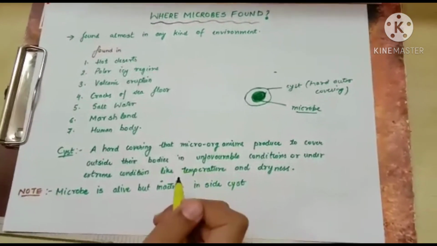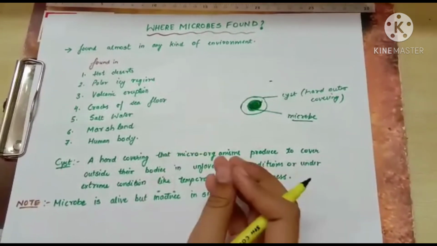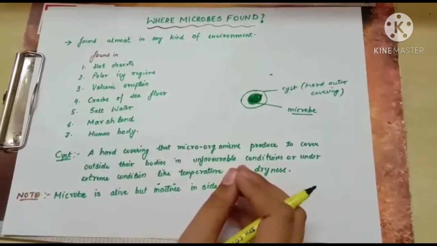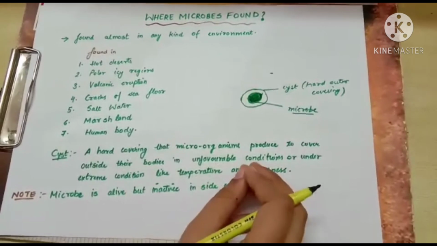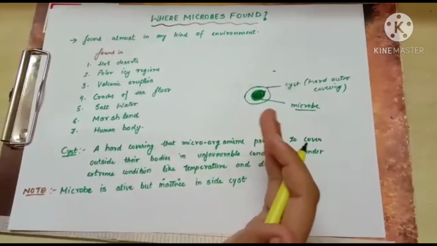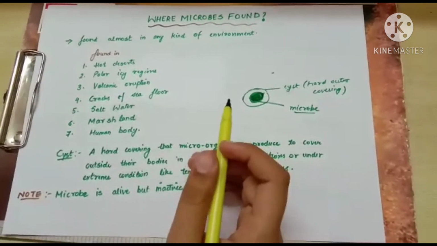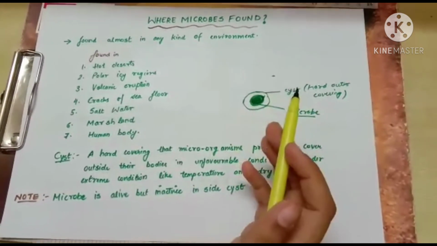So on return of the favorable condition, they will break the cyst and just behave normally as before. So the important point is that they survive by remaining inside the cyst during the unfavorable conditions till the favorable conditions occur again.